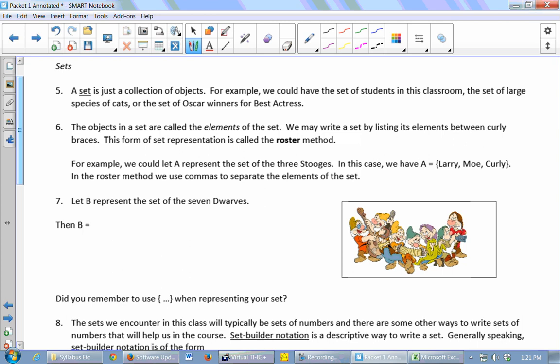So if B represents the set of 7 dwarves, and I wanted to define it using the roster method, what goes in there? Can I name all of them? Yeah, sure.